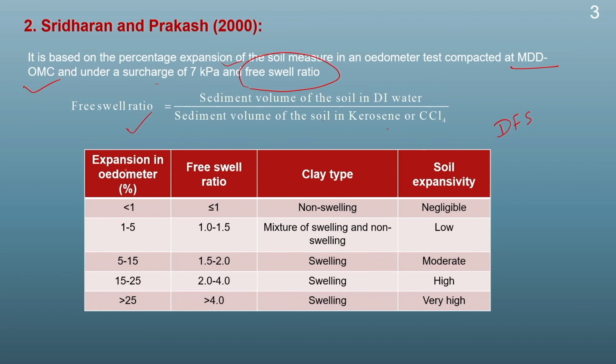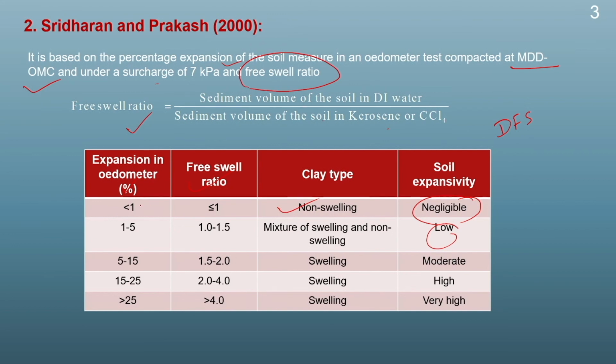So, based on the expansion in odometer test result and the free swell ratio data, the soil can be termed as non-swelling or swelling, and the soil expansivity can be classified as negligible, low, moderate and high.